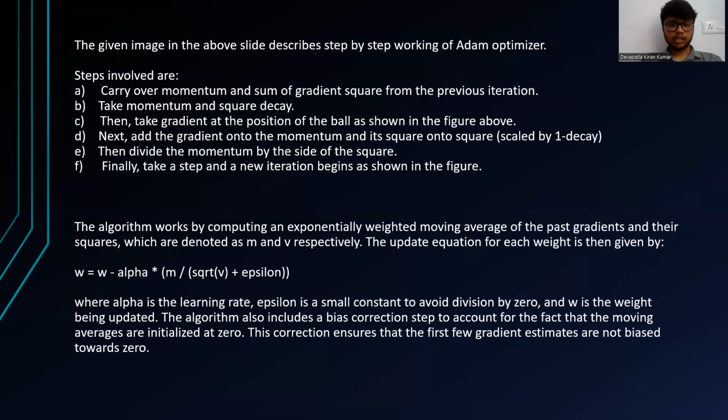This algorithm includes a bias correction step to account for the fact that the moving averages are initialized at zero. This correction ensures that the first few gradient estimates are not biased towards zero.